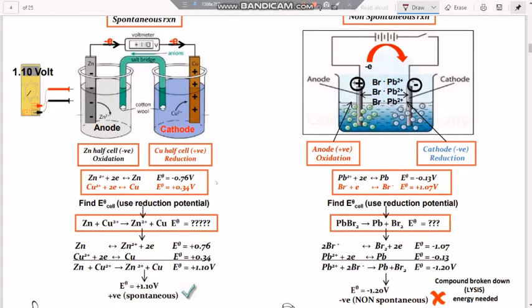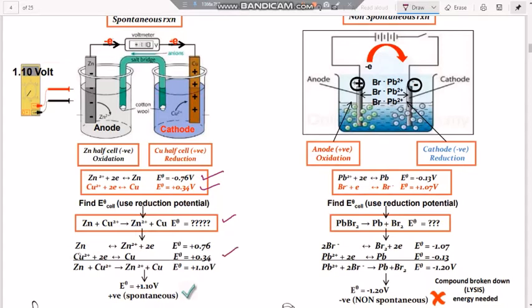Once you observe the half cell reactions, the standard electrode potential of zinc is minus 0.76 volts, while that of copper is plus 0.34 volts. And once the cell is prepared, the E naught, the standard electrode potential of the entire cell, can be obtained by this equation.